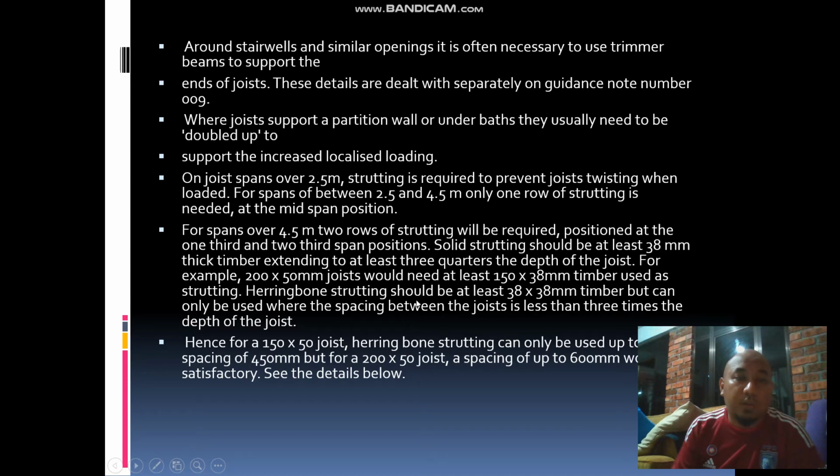The herringbone strutting should be at least 38 by 38 mm timber, but can only be used where the spacing between the joists is less than 3 times the depth of the joist. Hence for 150 by 50 joists, herringbone strutting can only be used up to a spacing of 450 mm, but for 250 joists, a spacing up to 600 mm would be satisfactory.